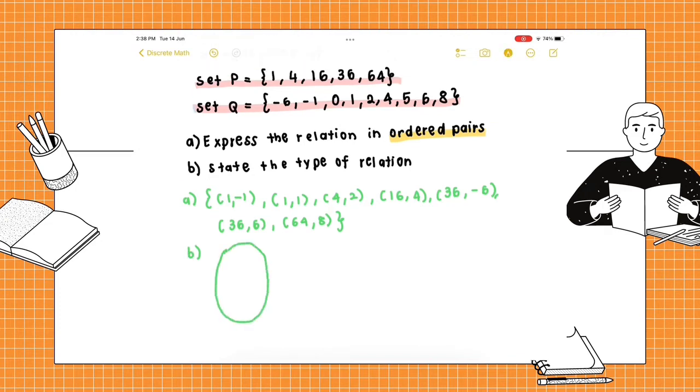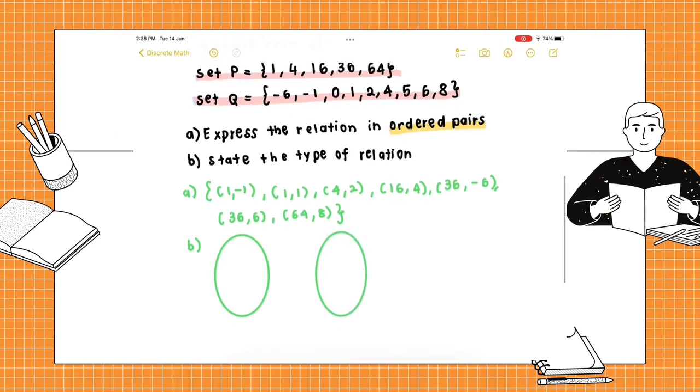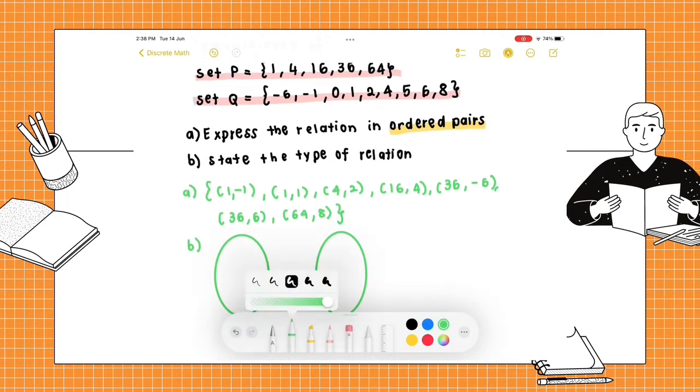For question B, state the type of relation. In order to state the type of relation, we need to do the arrow diagram first. So let's do it.